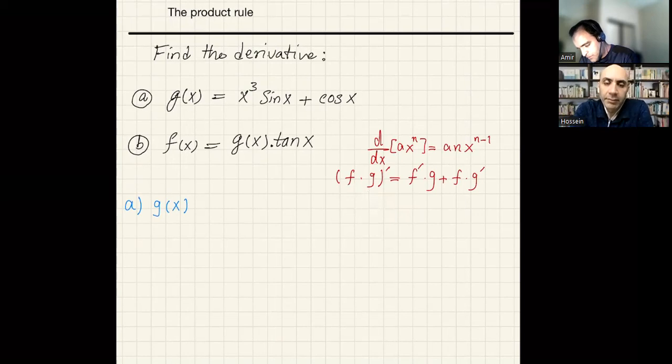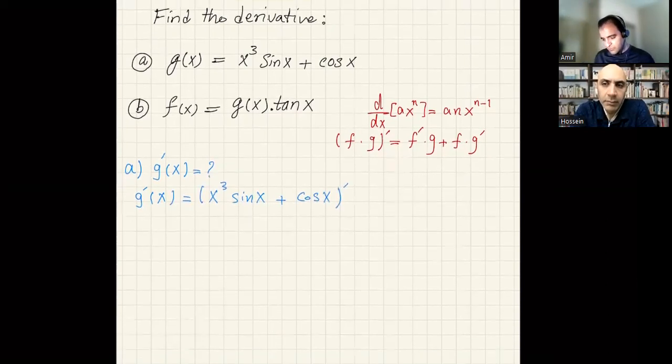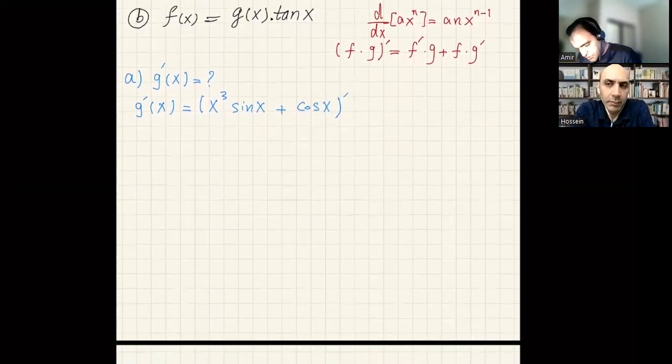Yeah, for g of x, the derivative of g of x is in question. So for the first term, let me write it like this. g prime of x is the derivative of x cubed times sine of x plus cosine of x. We want the derivative of the whole function.